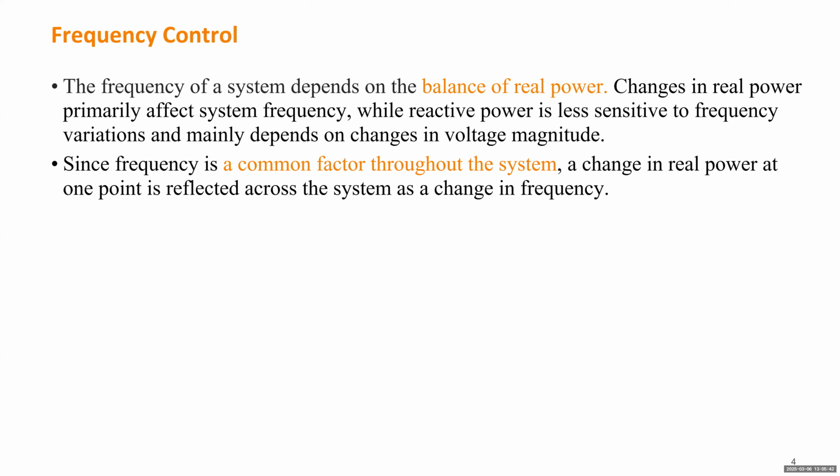So if you simulate the behavior of all generators, you will see some speeds change first, and some speeds change later. But eventually, when the system gets to the new steady state condition or equilibrium, they all have about the same frequency. That makes frequency a very efficient indicator for wide area control.